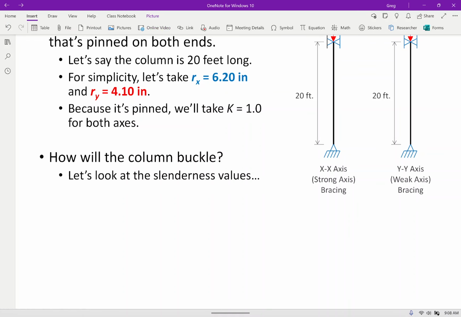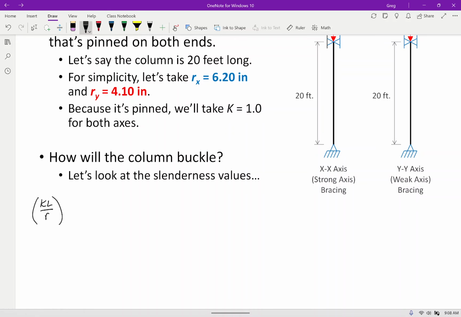Okay, so the first thing I want to do is determine KL over R for the x-axis, okay? And what that means is that I'm going to find KxLx over Rx, okay? Now some of you might be a little confused, like, wait a minute, what's this Lx?